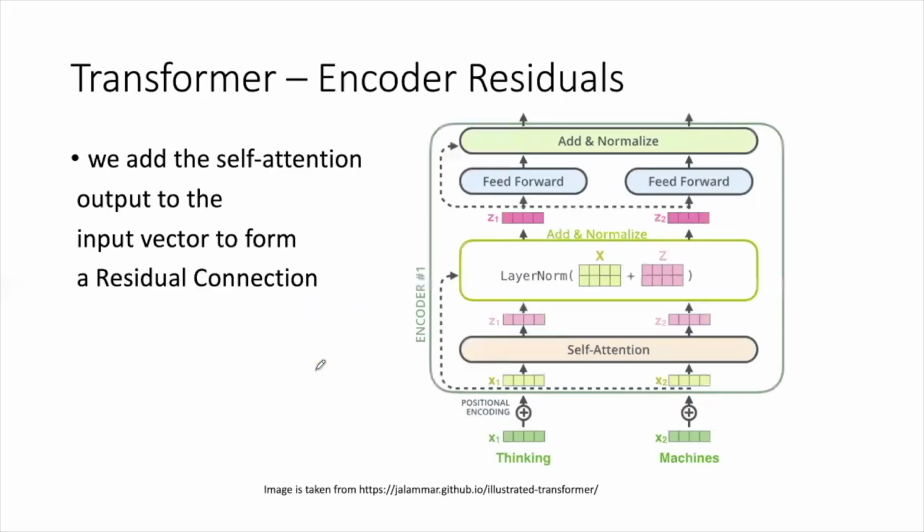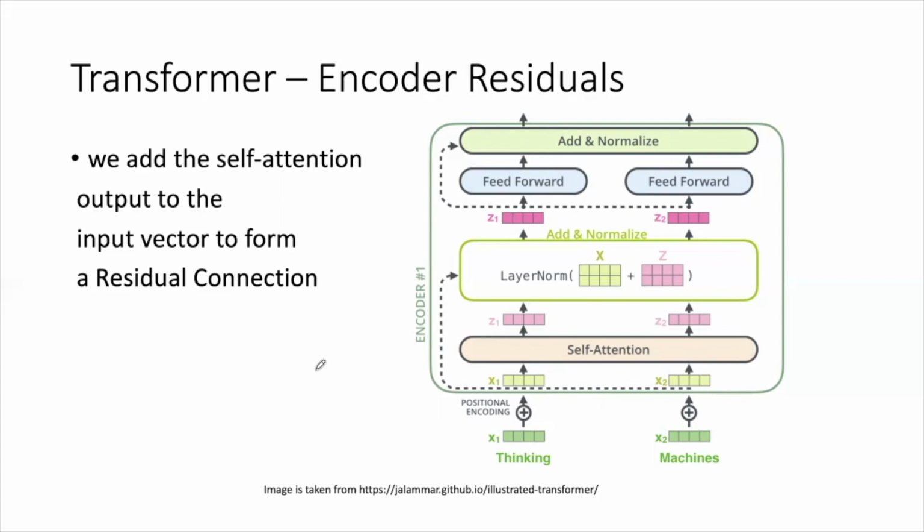Once this contextual representation is generated, we also have one more additional layer. There is a residual connection. A residual connection typically means that we have a connection between the output of a previous layer and the output of the next layer.